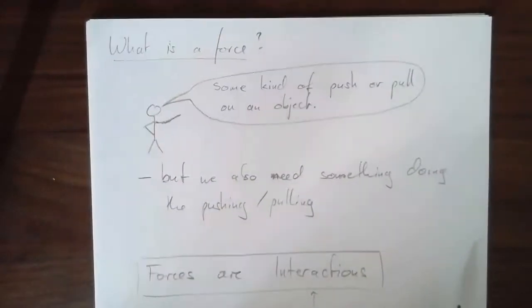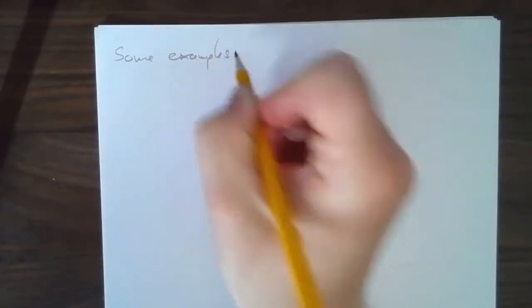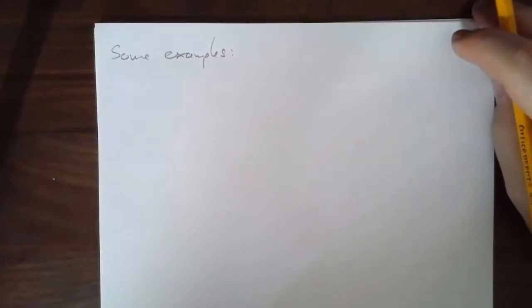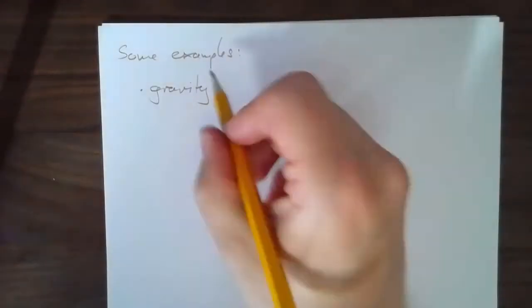Okay, so let's think of some examples and see what it actually means. This was a bit abstract. So let's think of some examples of forces. And maybe right now you want to pause the video and write down some ideas. Well, here I go, I'm going to write down mine. One thing I can definitely think of is gravity, because it's been pulling already in our class.